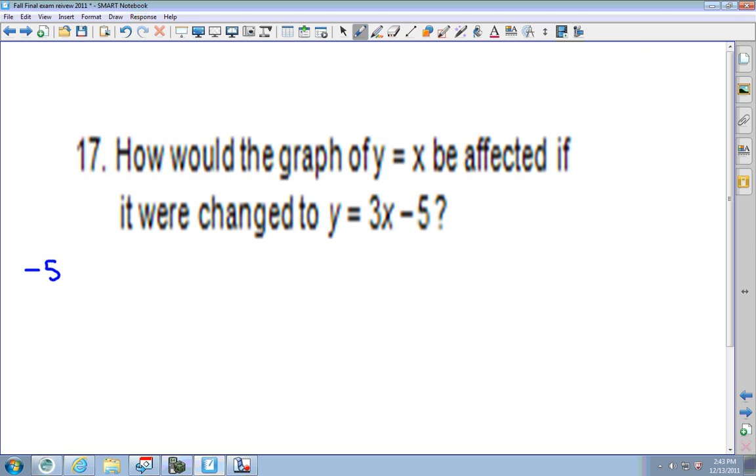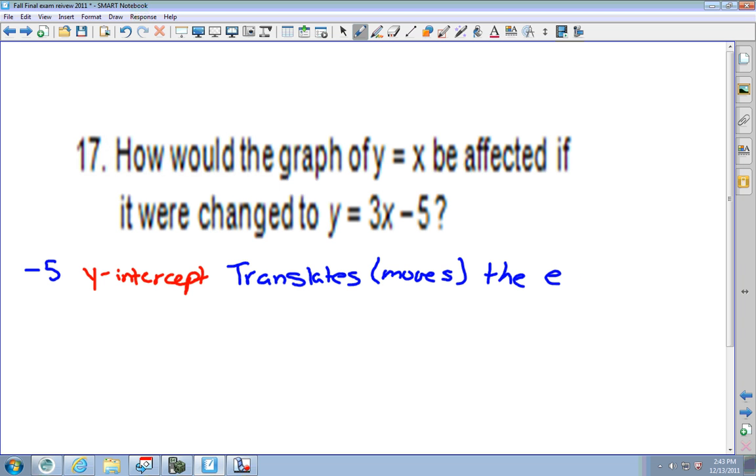The minus 5, which is the y-intercept, that translates, moves, the equation down 5 units.